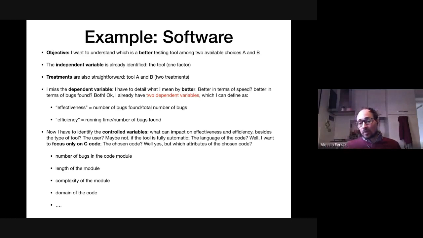The length of the module, as I said before: some tool might be more effective if it's working on shorter code, so I need a quite different and realistic representation of different codes. The complexity of the code is another variable, and the domain of the code.